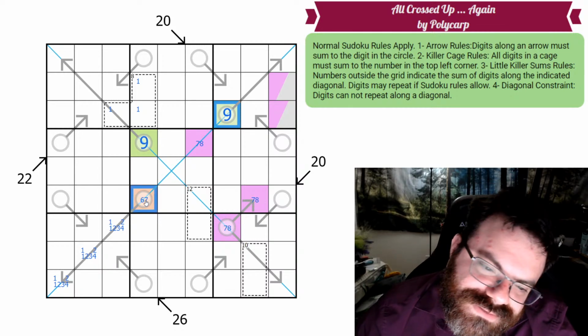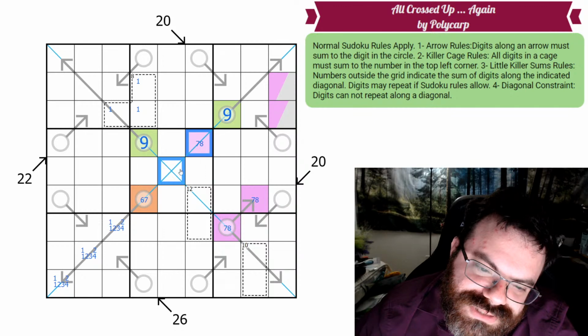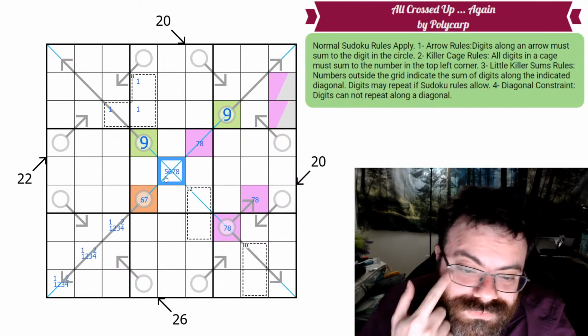These can't add to 15 anymore because if they did, these would have to add to 15. I guess that would be fine. This would be a 7 or an 8. These added to 16. And these would add to 13. So that would be 7, 6, or 8, 5.